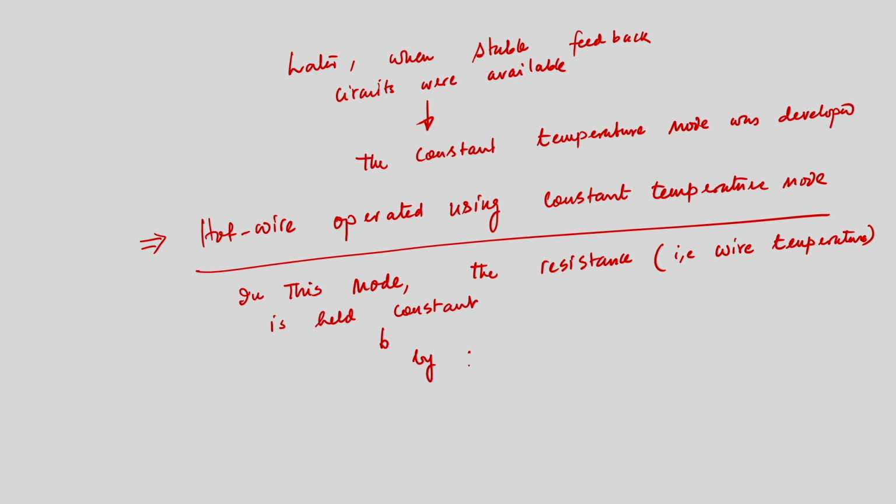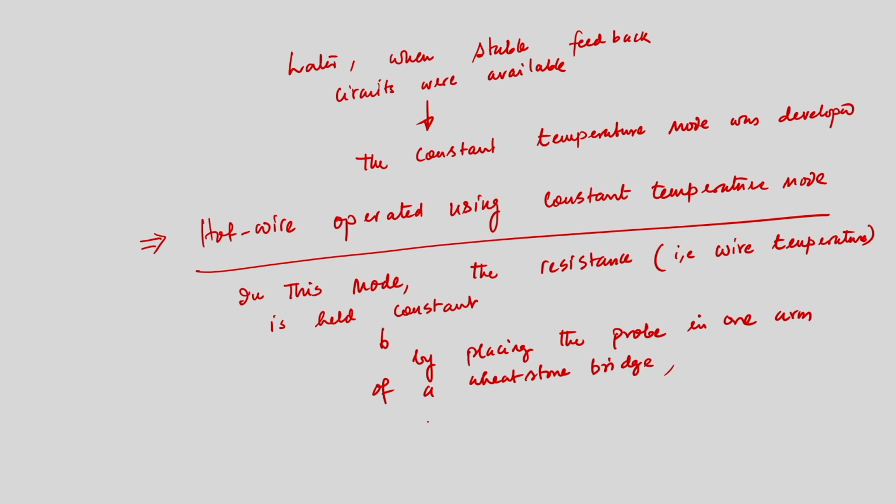So, constant temperature, resistance of the air is held constant. By how? By placing the probe in one arm of a Wheatstone bridge that we have studied in our class 12 level physics.